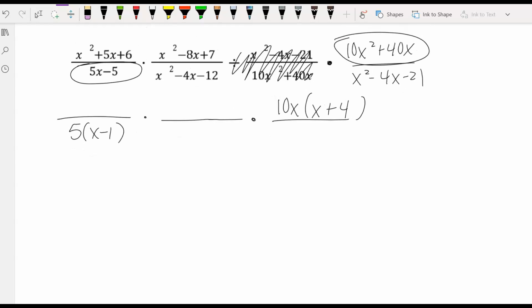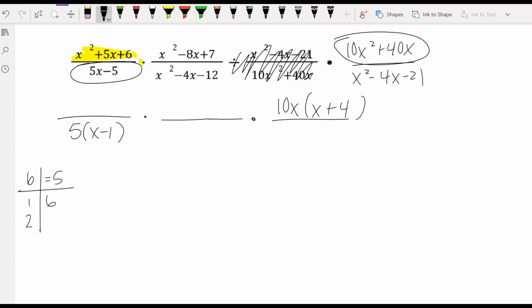All right, looking at factoring. Oh, that was supposed to be a highlight. So this first one, so factors of 6 to add to 5. So 1 and 6, 2 and 3. Since it's a positive, it's going to be the 2 and the 3. So (x + 2)(x + 3).